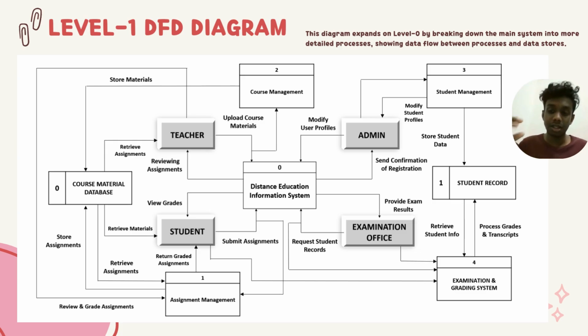As I explained, these two data stores are the main thing of this level 1 DFD diagram, to show the process and data flow between the entities and this process. For more, I would like to explain in the next coming slides.